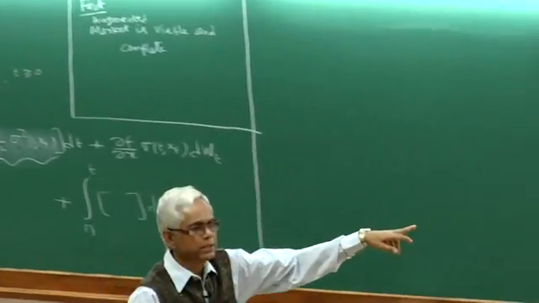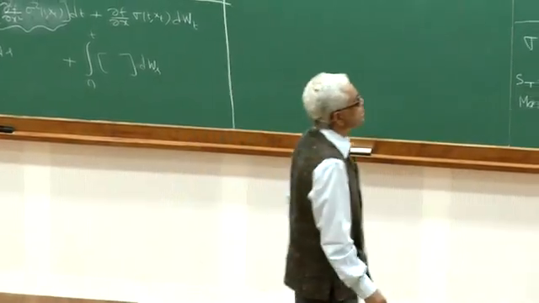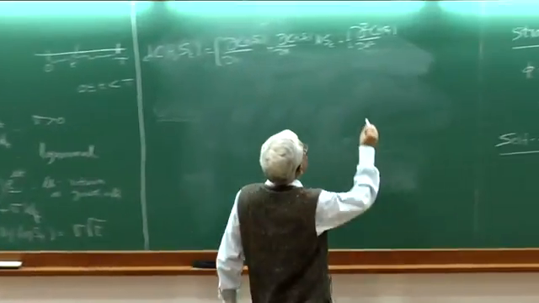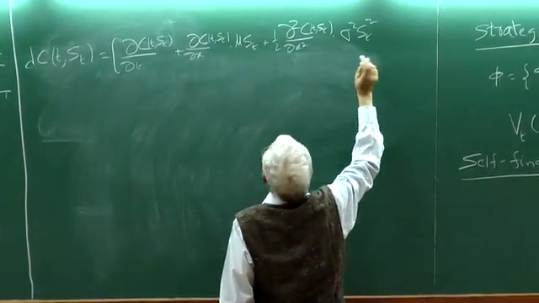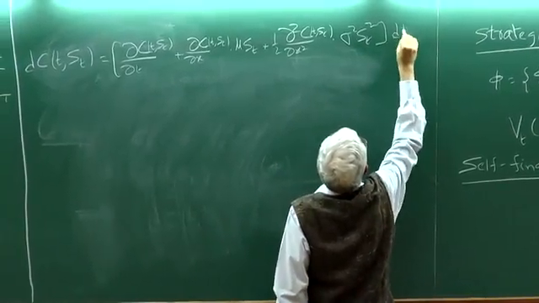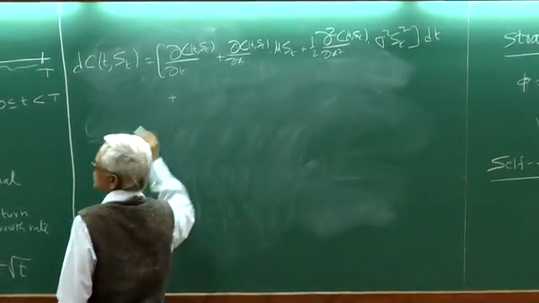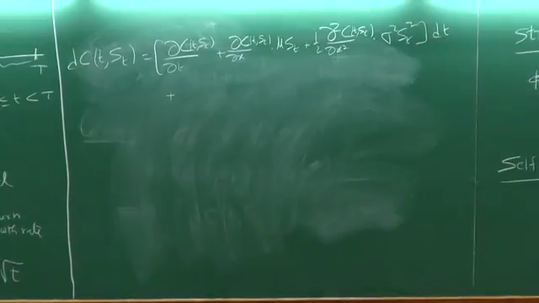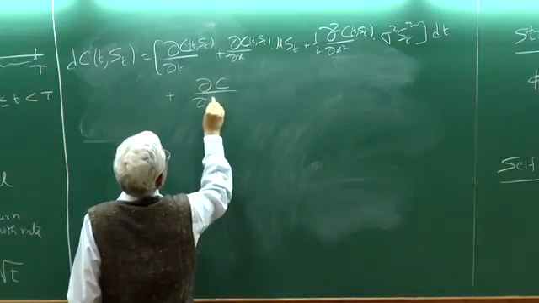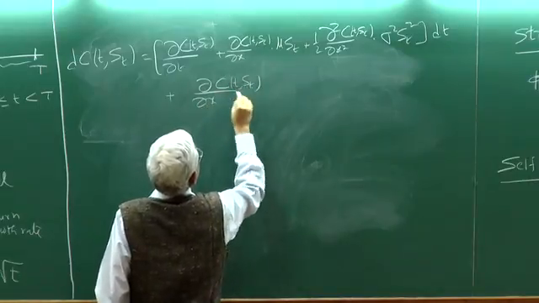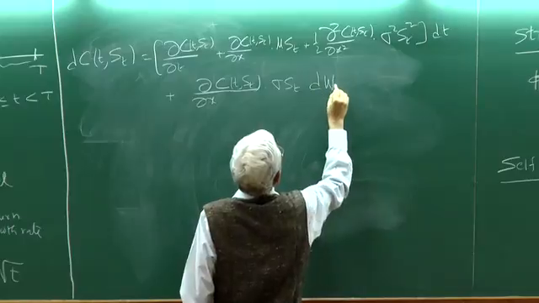Here sigma S_t, right? So it will be sigma squared S_t squared, times del squared C over del x squared, dt. This is it. Then I will have a stochastic term. The stochastic term is del f over del x, so that means del C over del x (t, S_t) times sigma S_t dW_t.